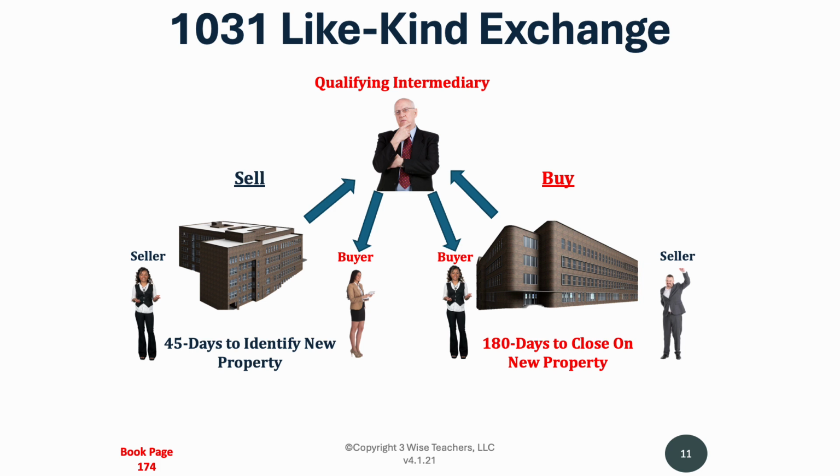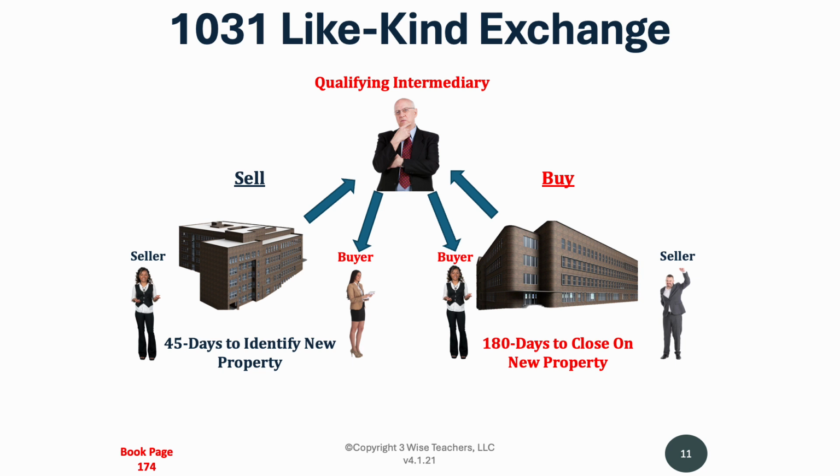So if it shows up on a test, I want you to be familiar with a couple of rules about a 1031 exchange. One of the burdens of the seller, once they sell their property, what we call the relinquished property, is that they have to find a replacement property within 45 days. When I say they have to find it, they literally have to identify the property. And there are rules about how many you can find.